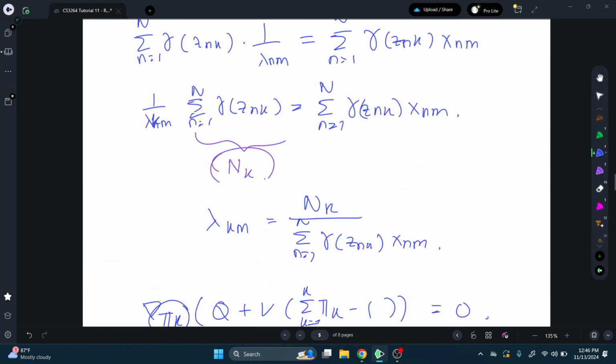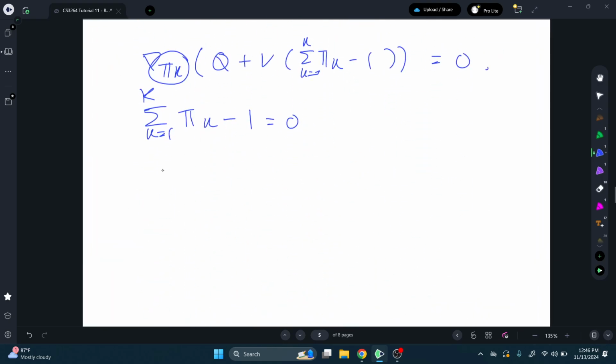Okay, so if I differentiate that, then we'll notice that this part is just simply, you can check this further. This will be 1 over pi k times the sum over n equals 1 up to capital N of delta z and k. Plus, if you differentiate this with respect to your pi k, then this will just give you your Lagrangian multiplier. This will be equal to 0. Okay, you can check this differentiation later.